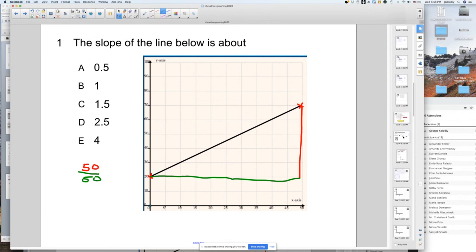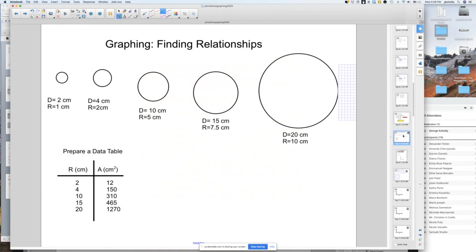to something that's really more closely related to our lab. We're coming back to the same circles we had before, but this time instead of finding the circumference, we want to find the area, and we're going to find the area without using any formulas.